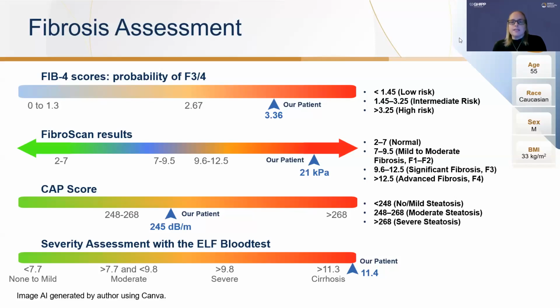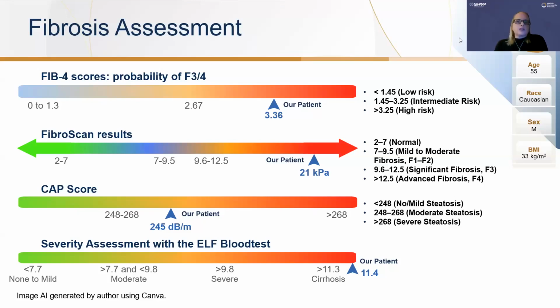CAP score, so looking at steatosis, it actually comes back at 245, which would be none or mild steatosis. And that's also not surprising to me. What these patients end up getting is burnt out MASH. So oftentimes you don't even see the fat anymore because it's all been replaced by scar tissue. So even if you did a liver biopsy, they would say, etiology cannot be determined based on this sample.